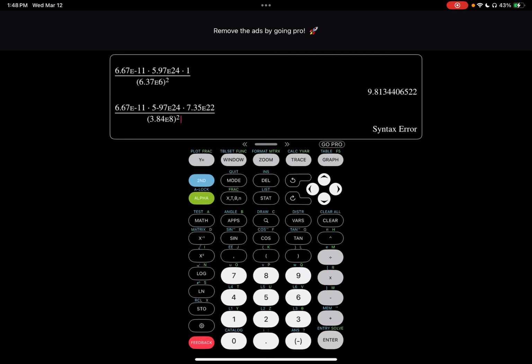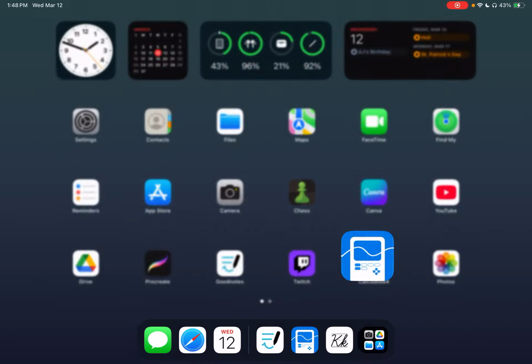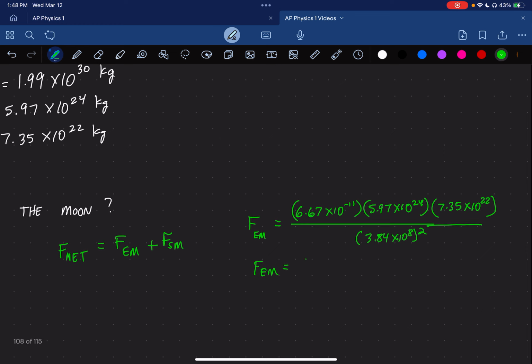Hey, looks good to me. Syntax error. This happens sometimes. Yeah, I see it right here. 5.97. There we go. 1.98 E20. The E20 is important. That's your order of magnitude. Cool.